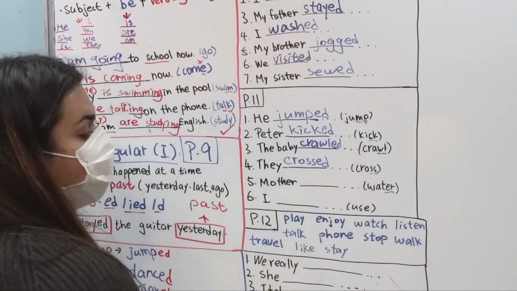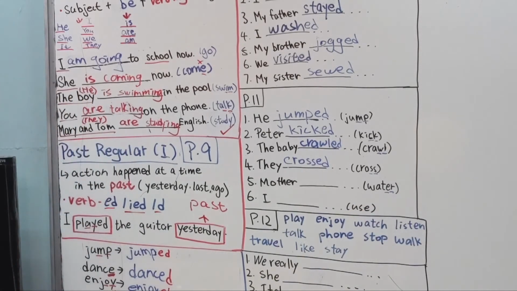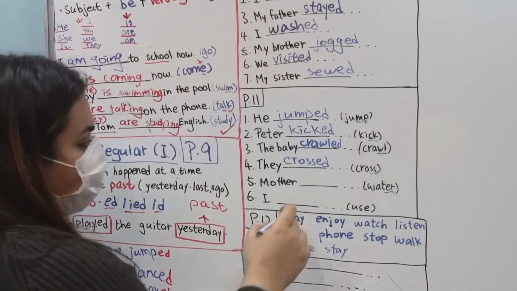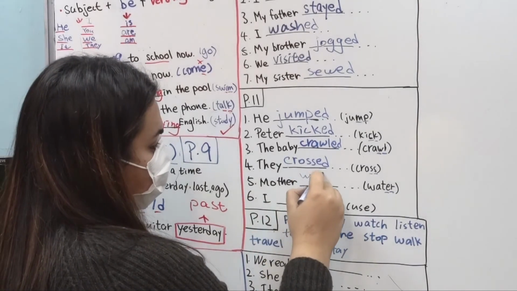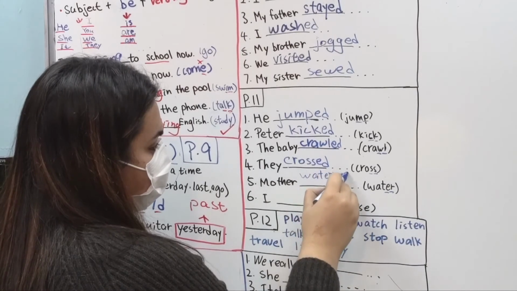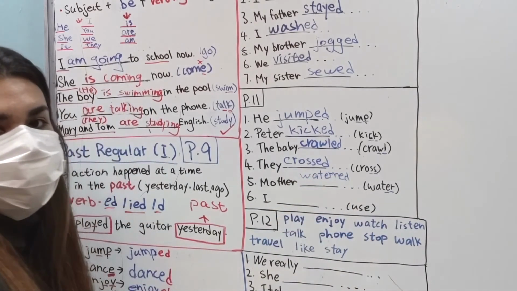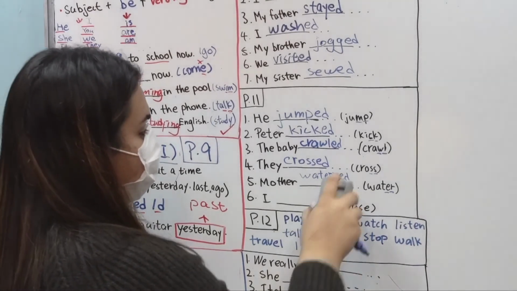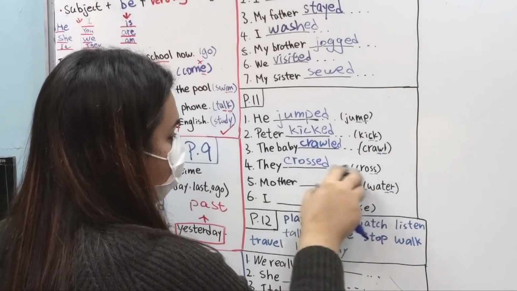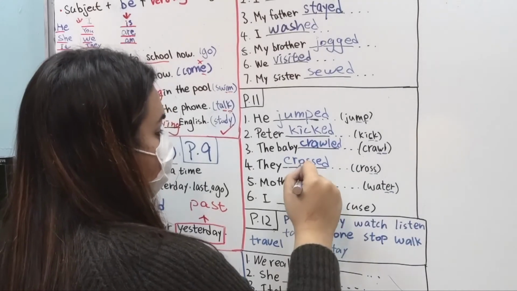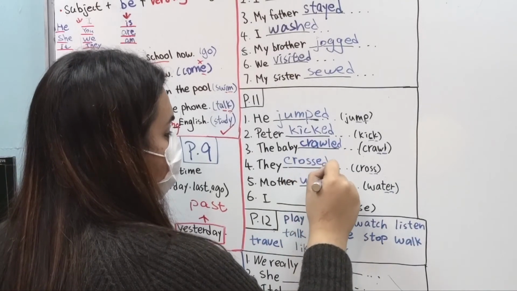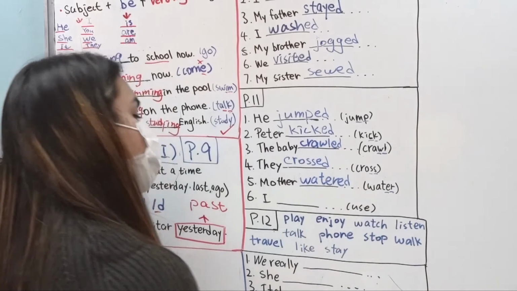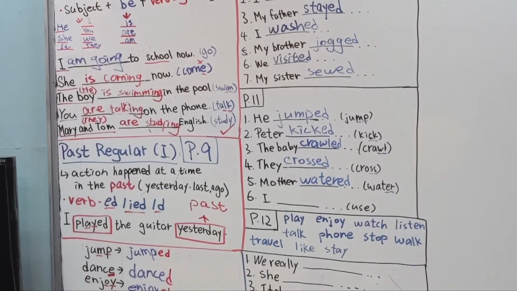That is a vowel, right? But water is a stressed syllable, okay? If we spell it as waterred, it will be wrong. It's not correct. Just adding ed will be enough. Watered. Okay?